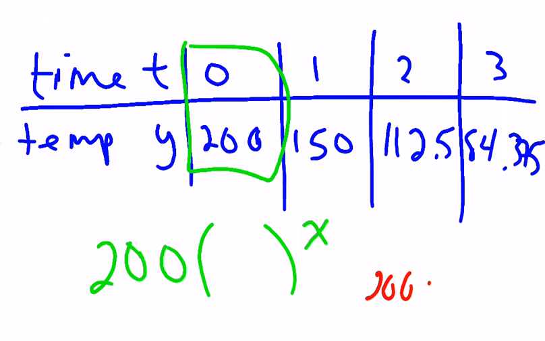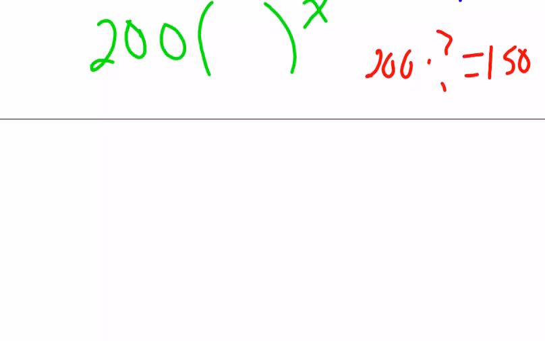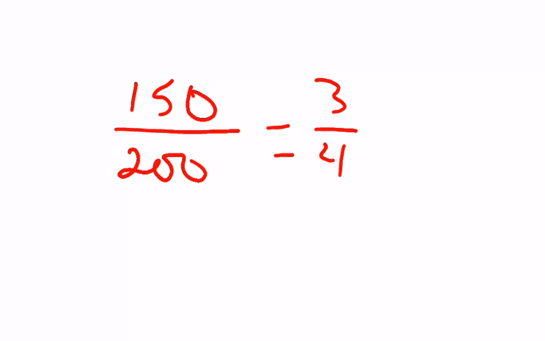So 200 times what equals 150? We could create an equation, but realistically we're dividing. 150 divided by 200. When we do that, we get 3/4 if we reduce it as a fraction, or 0.75.